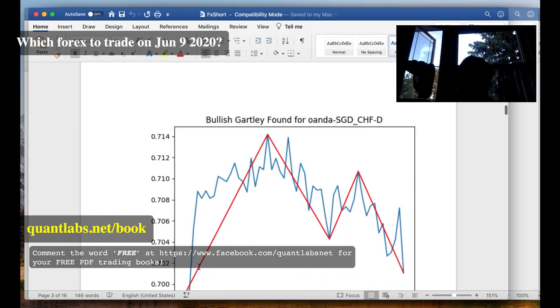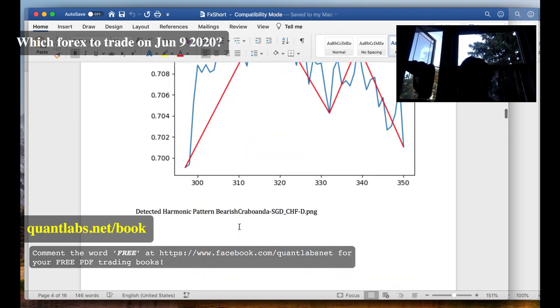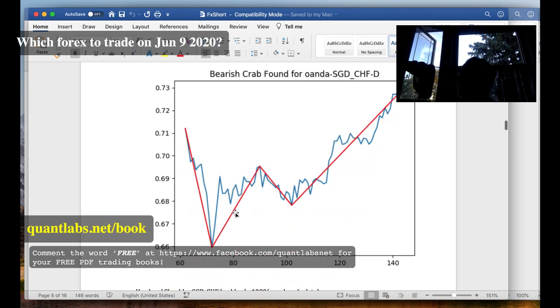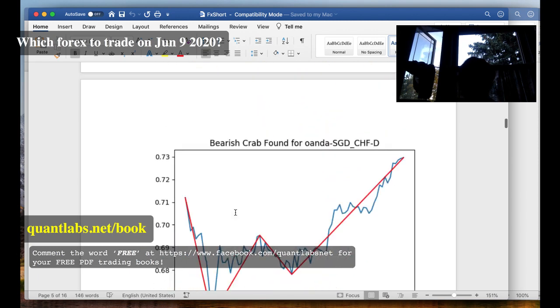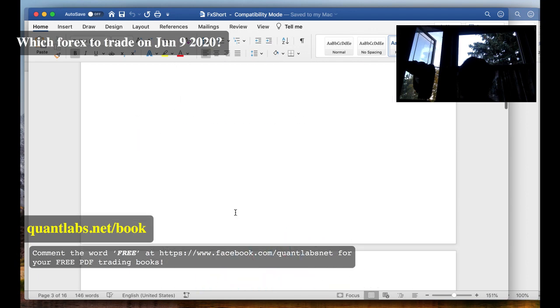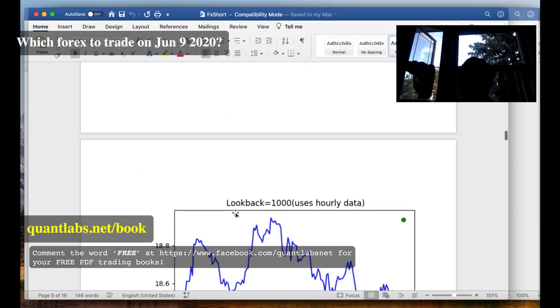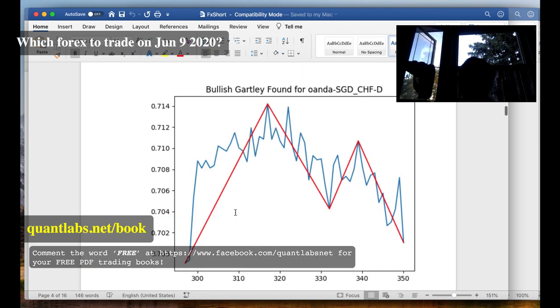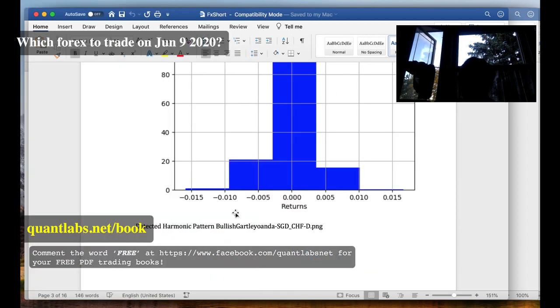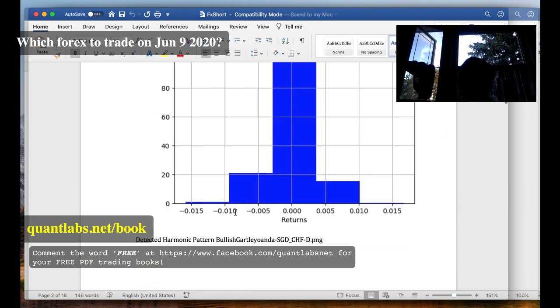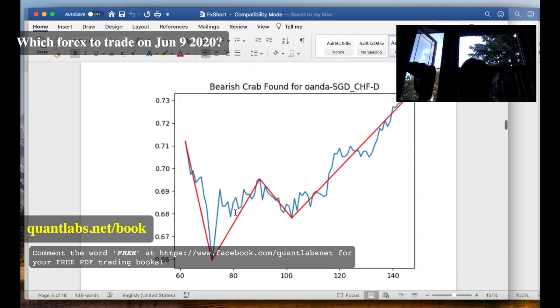Here are some signals. We have a bearish crab, and we have another bearish. These are bearish signals. Let's see when they were generated. These are harmonic patterns. We don't have the dates when these were generated, usually I have that.